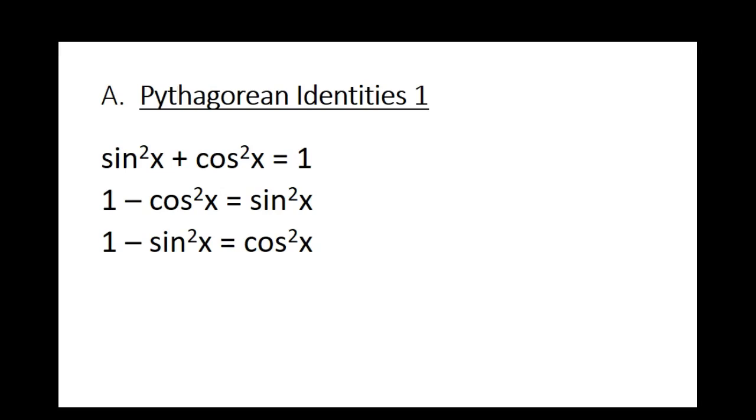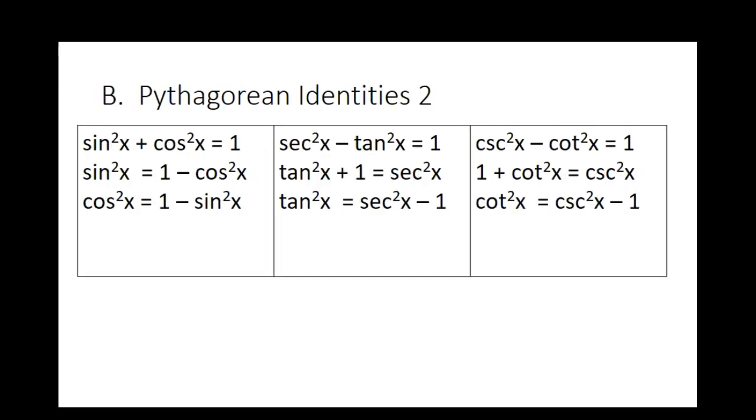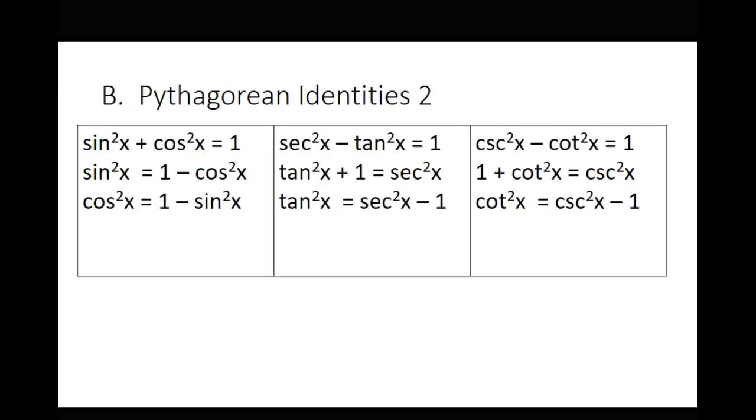But there's 2 other columns. Now I'm not going to be teaching you with those. Once again, if you wanted to, you could put an X through those, because I won't be using them. But for those of you that want to look for other creative ways to get those 2 sides to match, those work. So for instance, you're doing a problem, and somewhere along the way you see this.